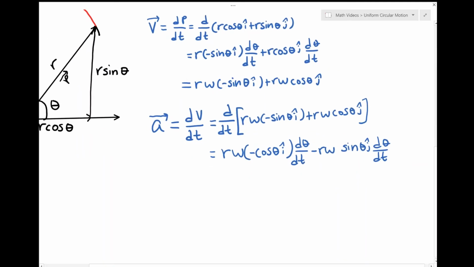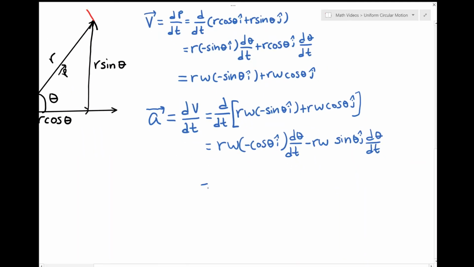So again, we just replace all our d theta by dt's with omega. So we get R omega squared negative cosine theta i hat minus R omega squared sine theta j hat.